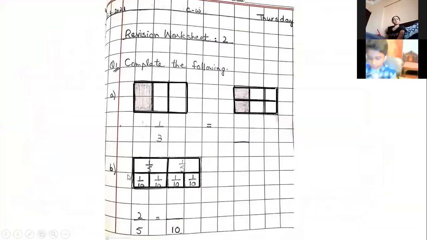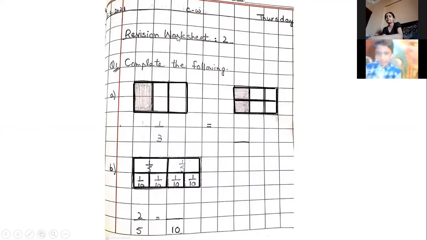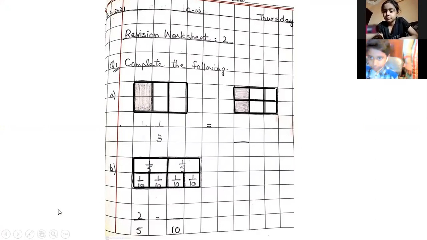So look here. This is your worksheet number 2. Write the day, CW, and leave one line and then write division worksheet.